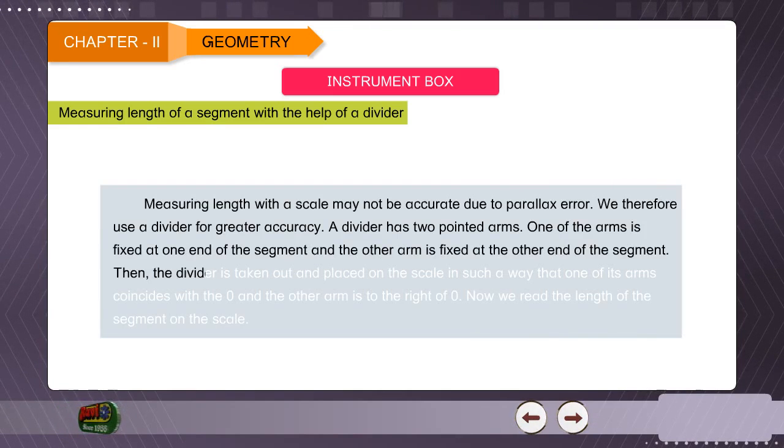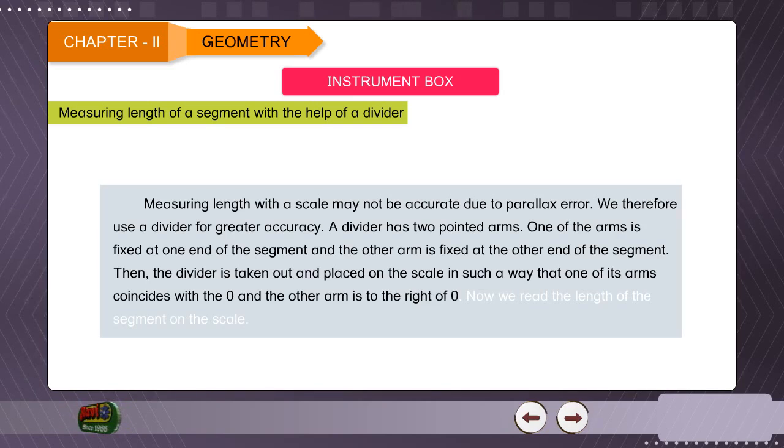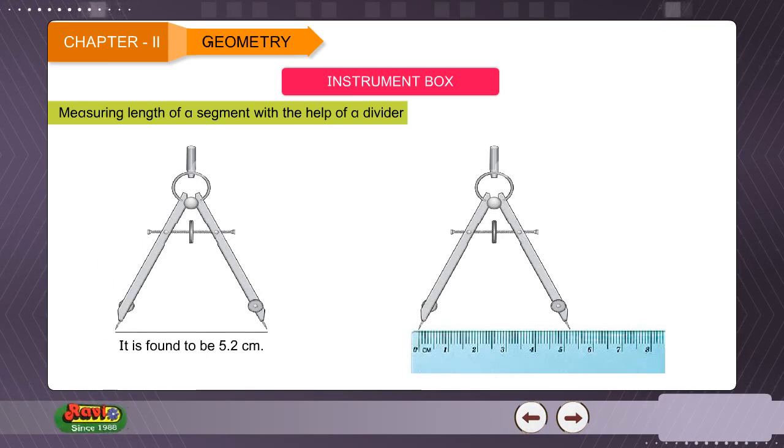Then, the divider is taken out and placed on the scale in such a way that one of its arms coincides with the zero and the other arm is to the right of zero. Now we read the length of the segment on the scale. It is found to be 5.2 centimeters.